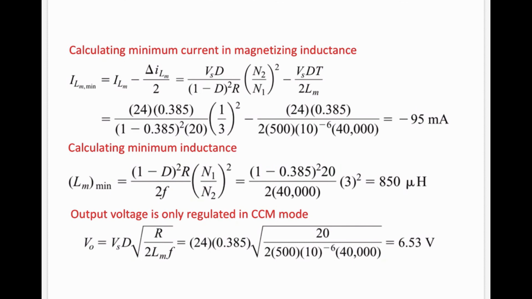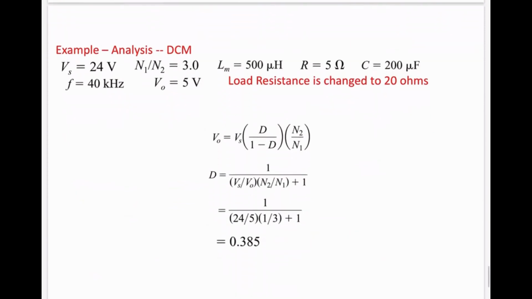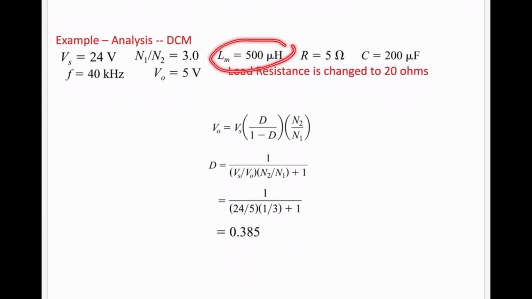And if we calculate the minimum inductance that is required to keep our circuit in the continuous conduction mode, we have already derived this expression in the previous slide. Just using the values, this comes out to be 850 microhenry. And what is the given inductance? The given inductance is 500 microhenry. It is less than the minimum inductance that is required, because we have changed the resistance.